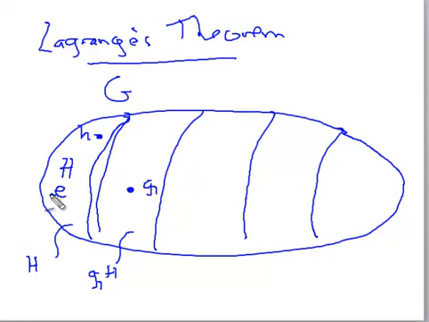Now the identity is always in the subgroup, so the identity must be in this slice, and I'm taking one particular point in this subgroup, which I'm calling little h. Now if H is not the entire group, there must be some G1 outside of H, so I've chosen G1 here. And I can form the coset associated with G1, the coset G1H.